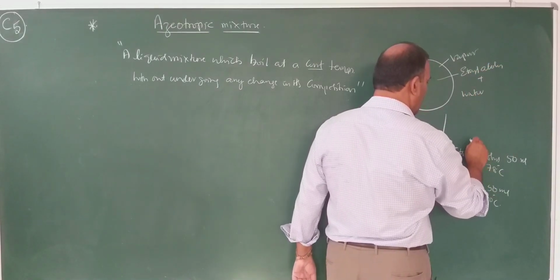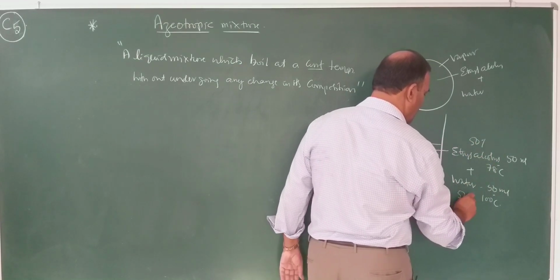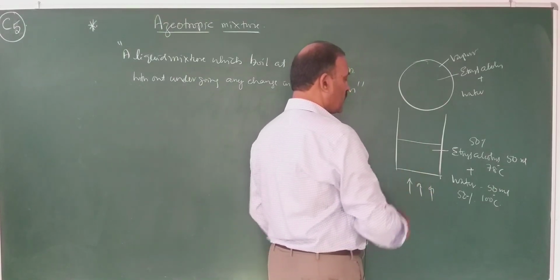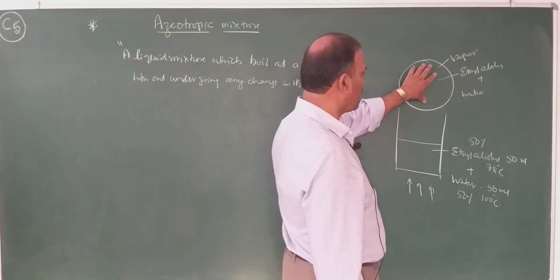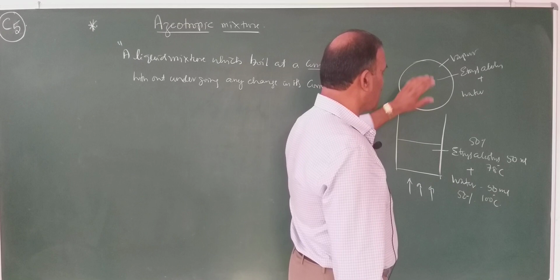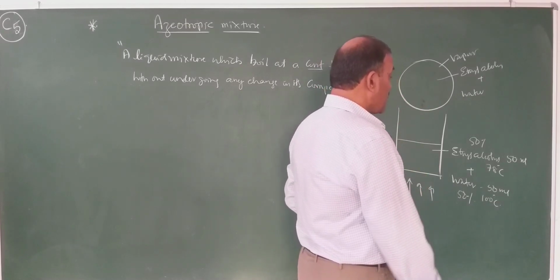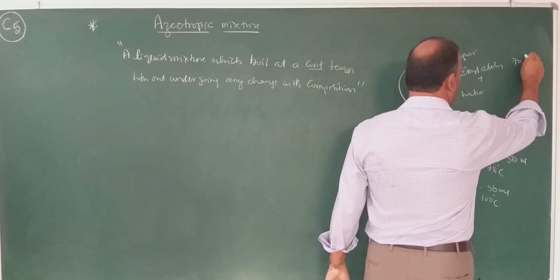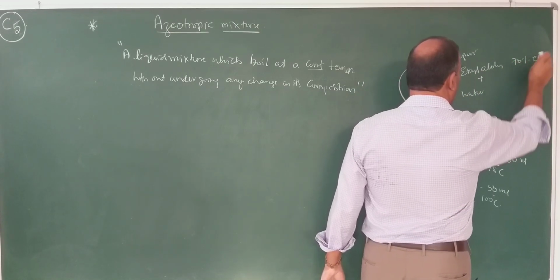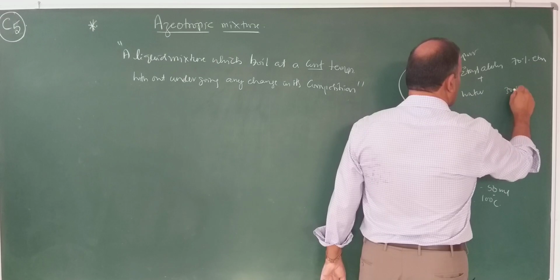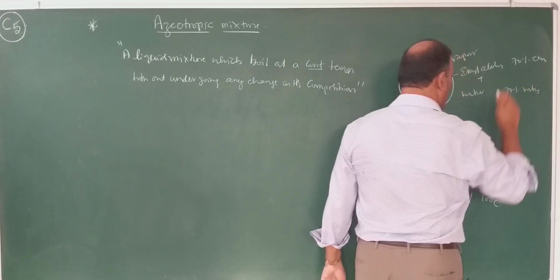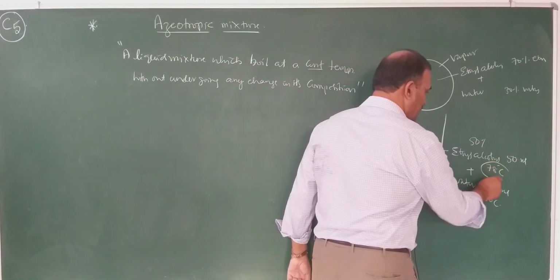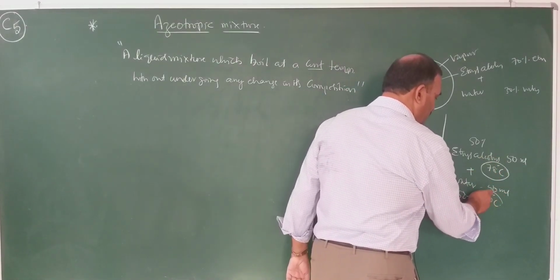So here 50% ethyl alcohol and 50% water in the liquid. When this liquid mixture is heated, you will get the vapor. This vapor contains, which component is more? It contains 70% ethyl alcohol and 30% water. This is because the boiling point of ethyl alcohol is less and boiling point of water is more.